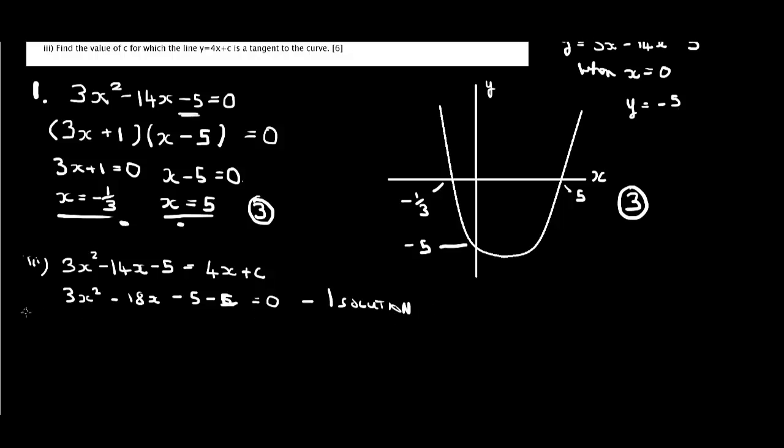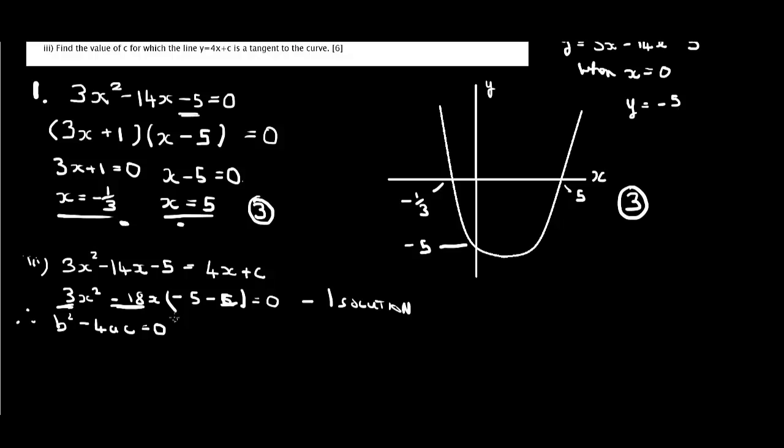So if we hark back to our knowledge of the discriminant, we'll know that for that quadratic, because there's only one solution, or a repeating solution as we say sometimes, b squared minus 4ac equals 0.